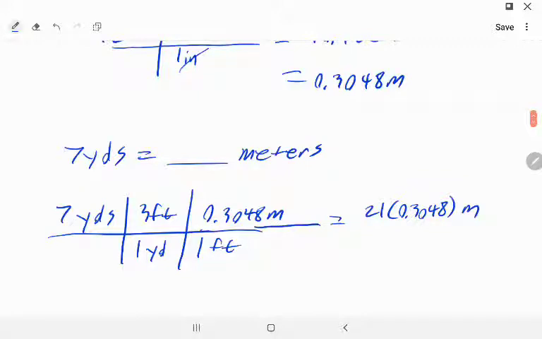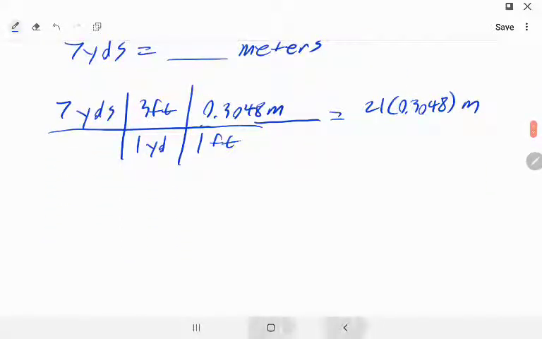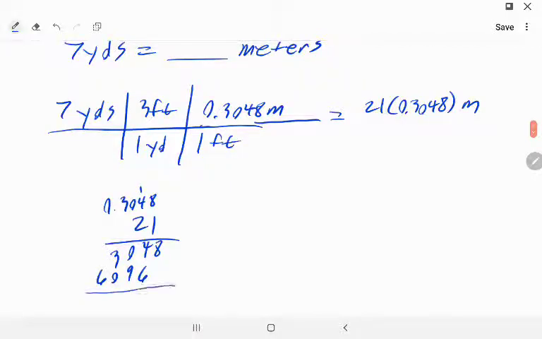It's just a question of doing the multiplication. 21 times 0.3048, we get 8403, then 16906, that gives us 80046, and then we move the decimal point 4 to the left, and so that's going to be 6.4008 meters, which is reasonable.